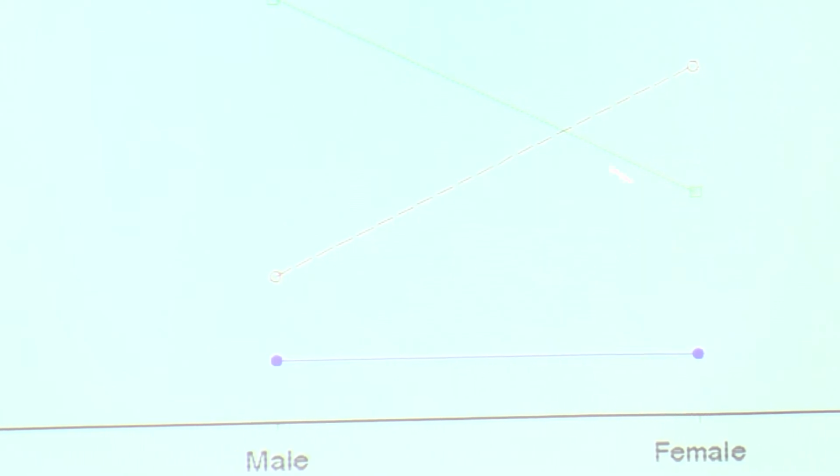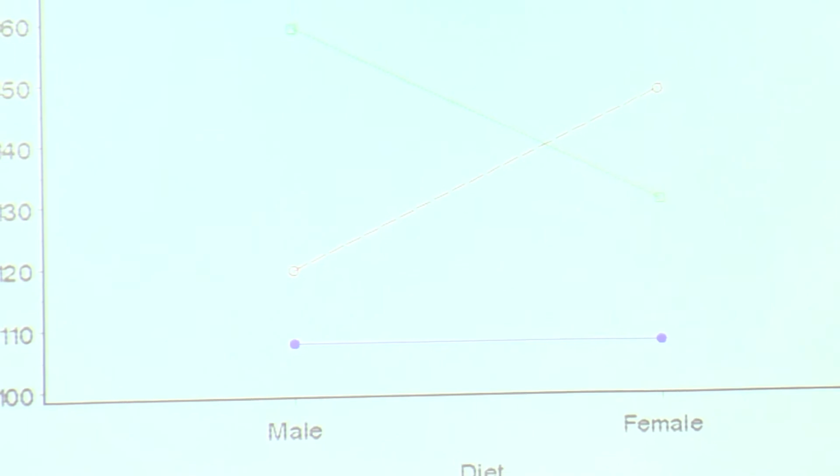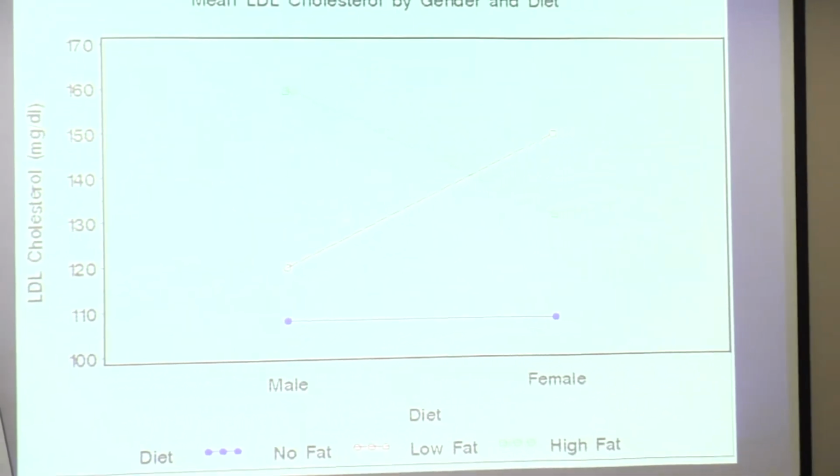But what's going on here, the red line is low fat and the green line is high fat. What we're seeing is that the low fat diet led to lower LDL in males but higher in females, whereas the high fat diet led to higher LDLs in males and lower LDLs in females. So we would say that the effect of diet is different for men and women. That's the nature of the interaction.